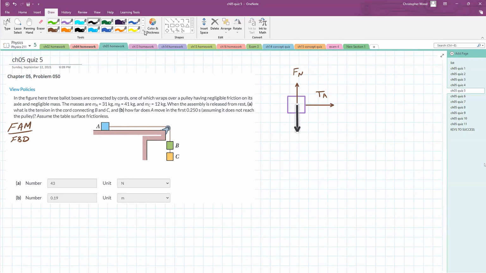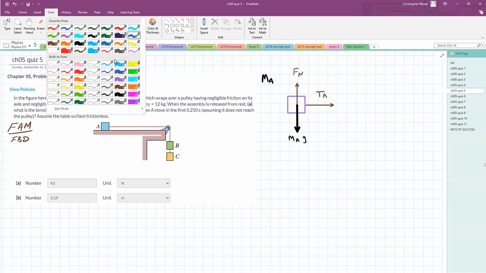And again, that is the weight of mass A times g. That's it. There's no friction. We'll deal with friction in chapter 6. So chapter 6 is just like chapter 5, except we introduce friction and centripetal motion. This is it for mass A. Got it.